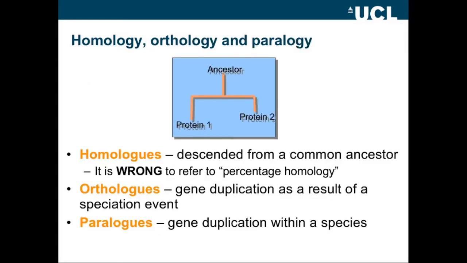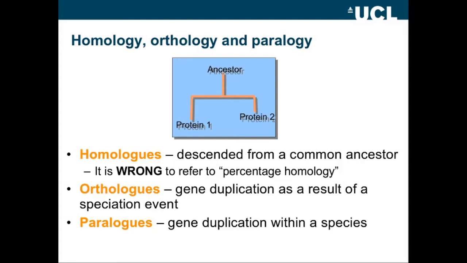Now, I said I would define the terms homology, orthology and paralogy. All this means is that if we have an ancestral gene or protein which then has evolved into two separate proteins, then those are defined as homologs. So the term homology simply means that two proteins or genes have descended from a common ancestor.